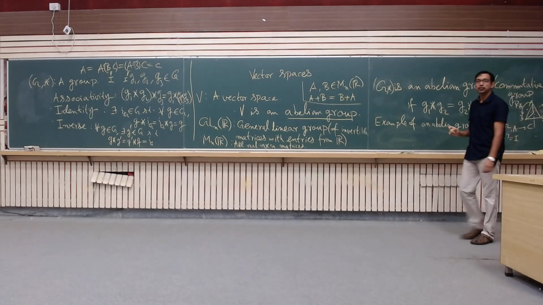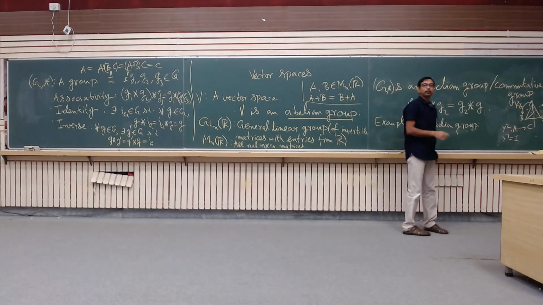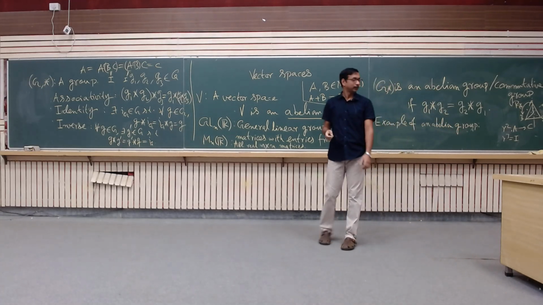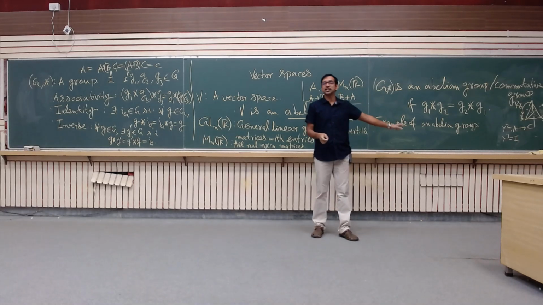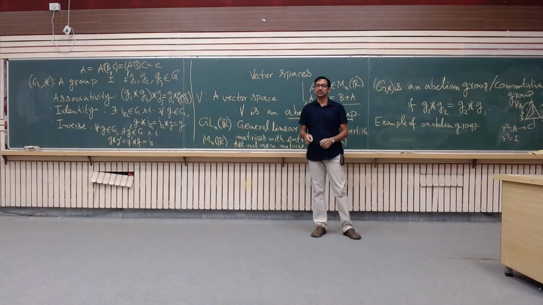Now, for the group to be abelian, what do we require? Well, rotation is a commutative group because if you just consider the group of rotations, it doesn't matter.